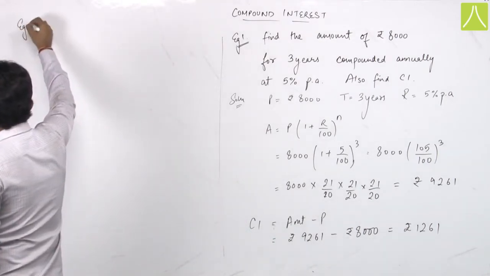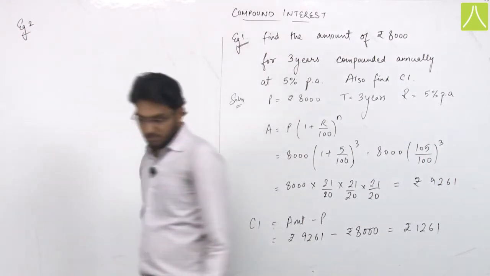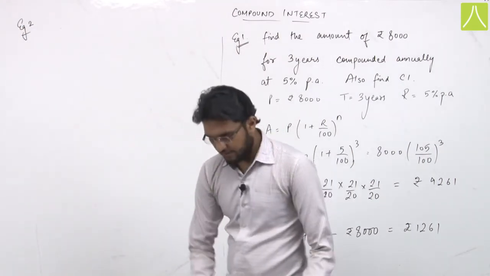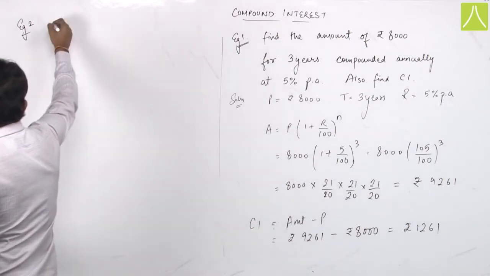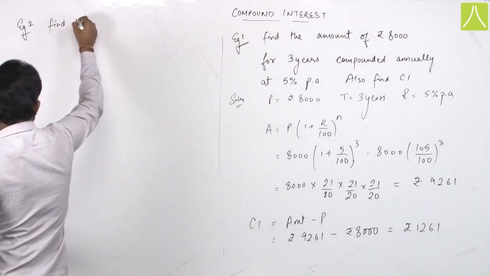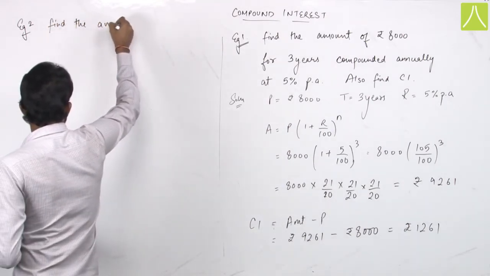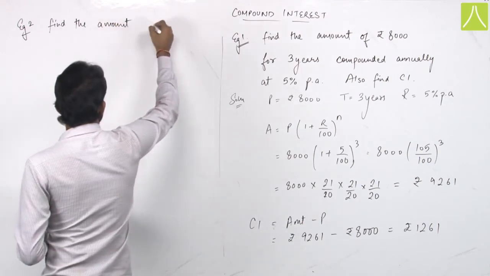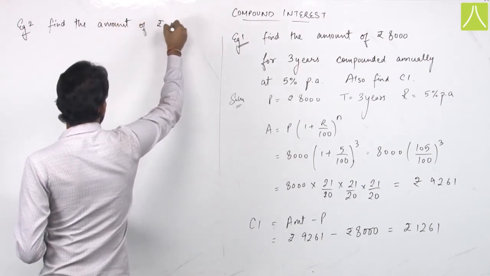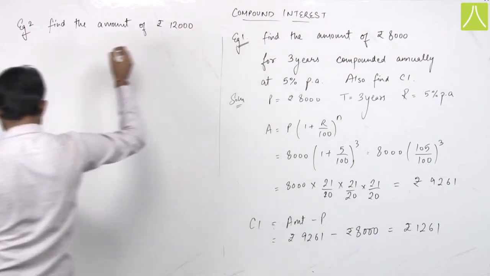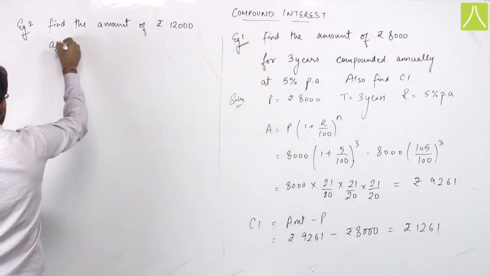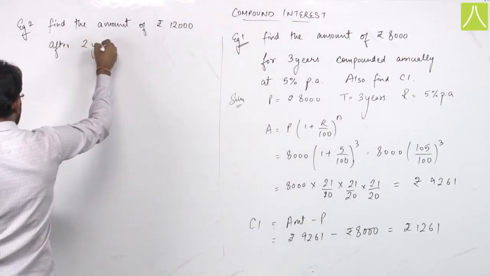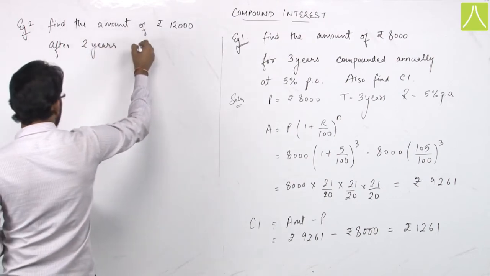Let us see another example. In this problem, we have to find the amount of rupees 12,000 after 2 years compounded annually.